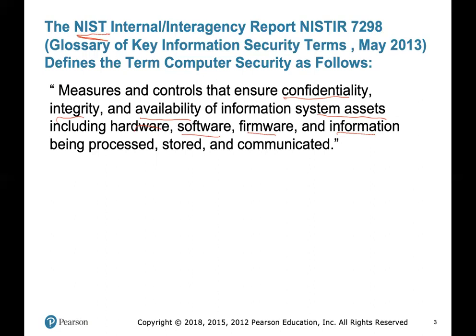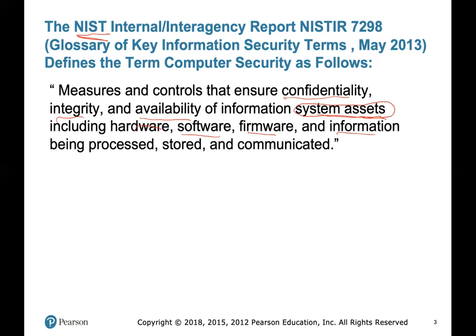Okay, this is the NIST definition for security of computer systems, but we see here that there are multiple terms that we need to make clear and define. First of all, it talks about information system assets. We want to define what the assets are.